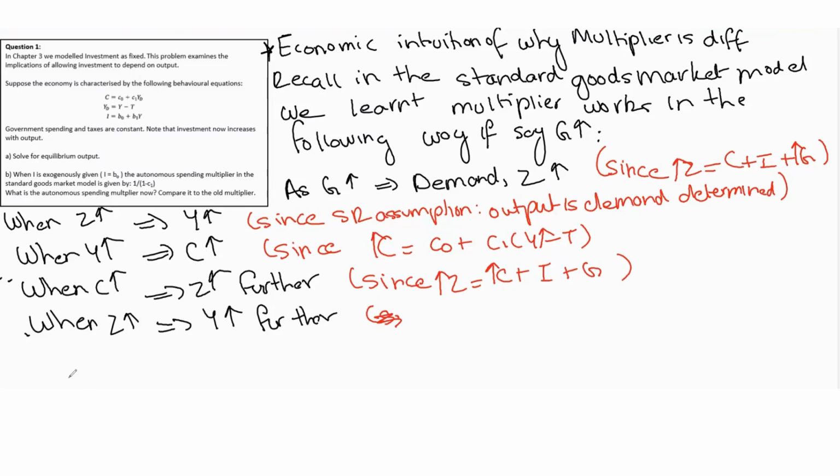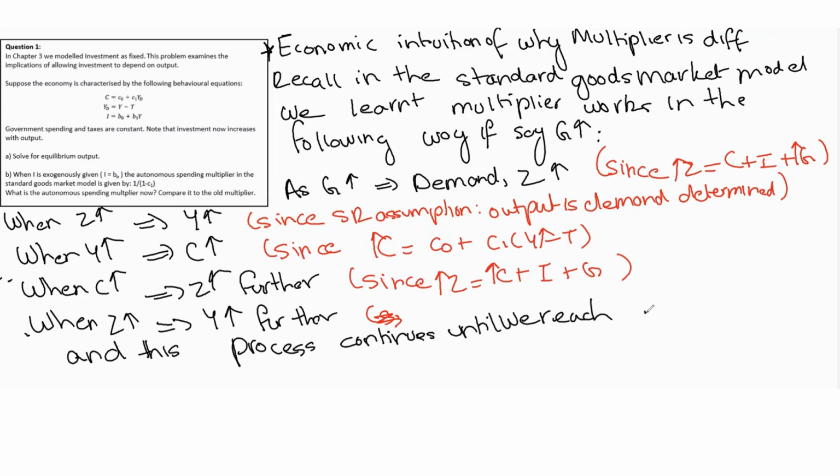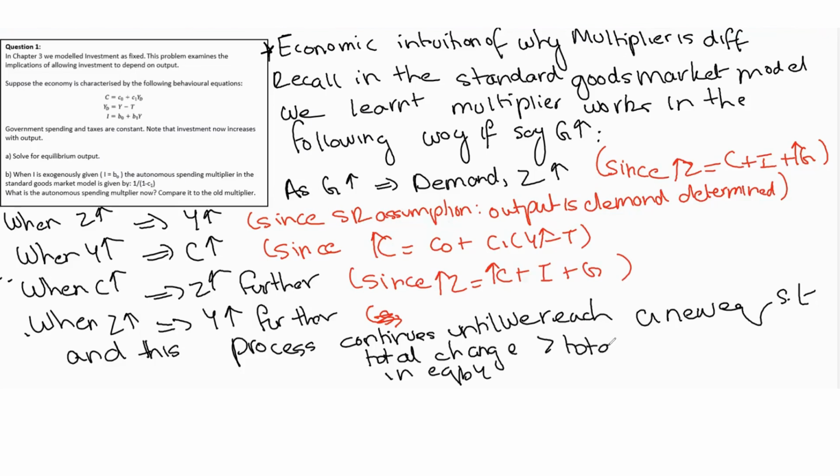And this process continues until we reach a new equilibrium such that total change in equilibrium Y is greater than total change in G. This was how the multiplier worked in the standard goods market model.